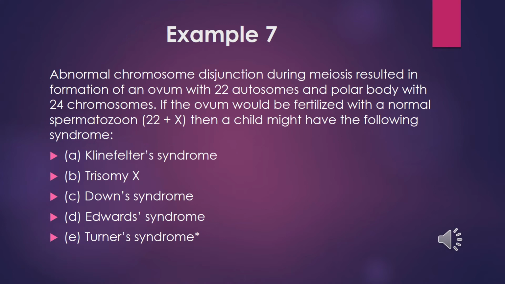Klinefelter syndrome is when we have XXY, and if we have trisomy of the X chromosome, the question will be about XXX, or a question about Klinefelter syndrome I told you XXY, or maybe a question about Edwards syndrome, XYY.